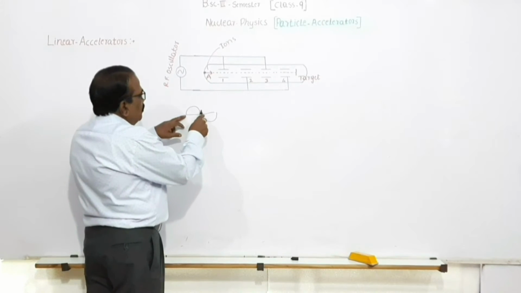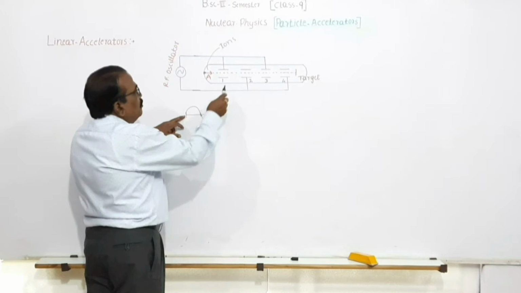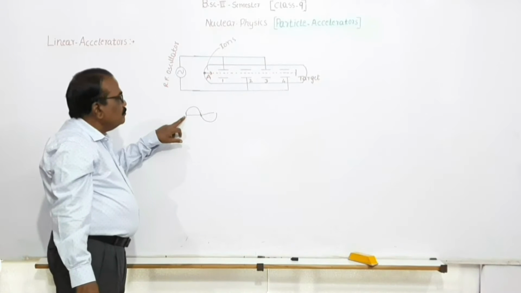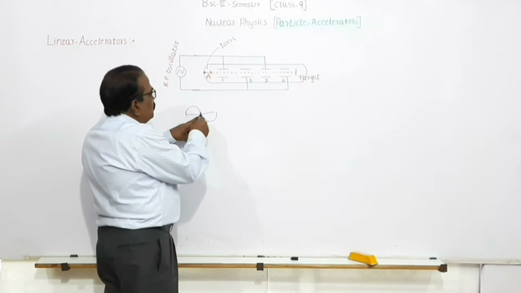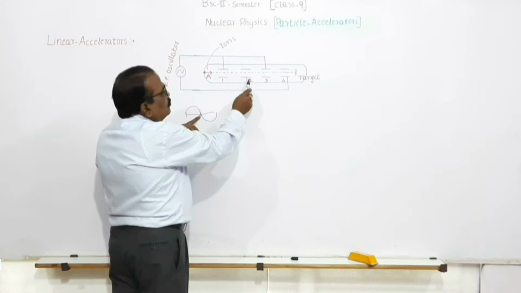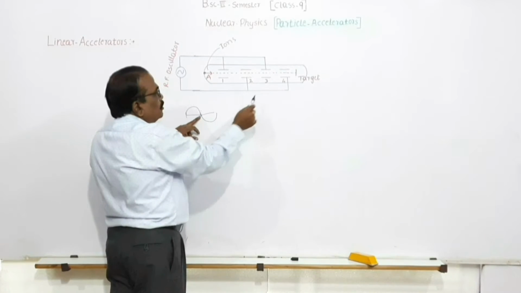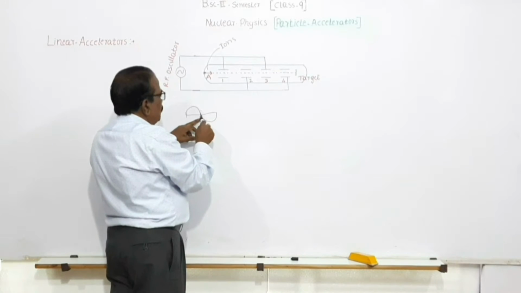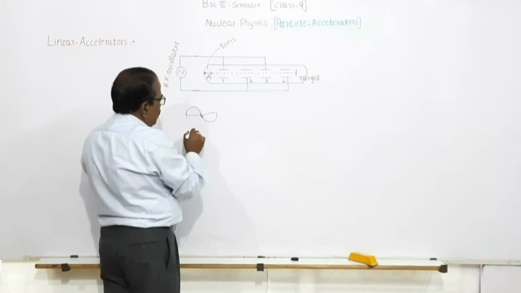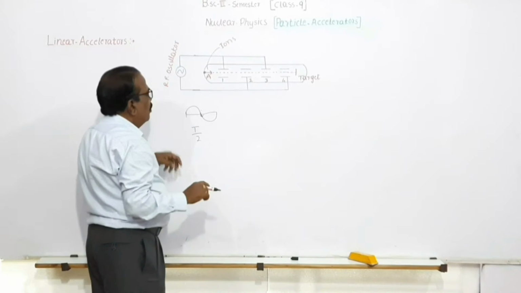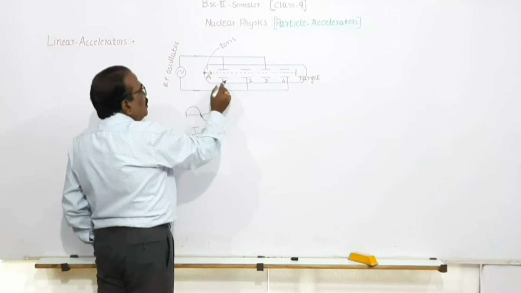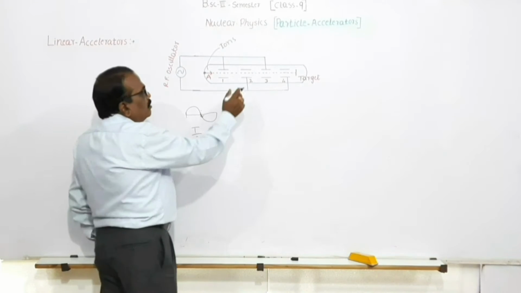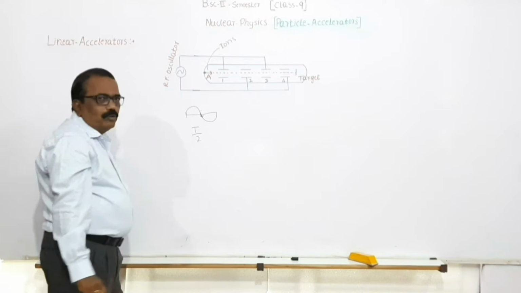For example, from this end to this end, 1 and 3 are connected to the positive potential. At the same time, 2 and 4 are connected to the negative potential. And if it changes the polarity in the half period, then 1 and 3 become negative potential, then 2 and 4 become positive potential.